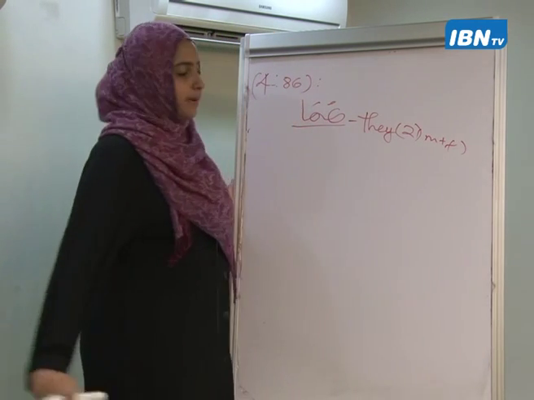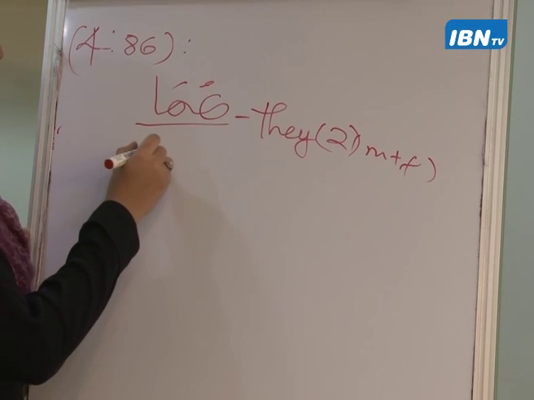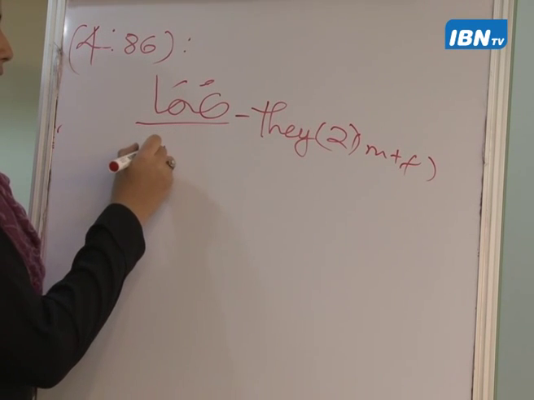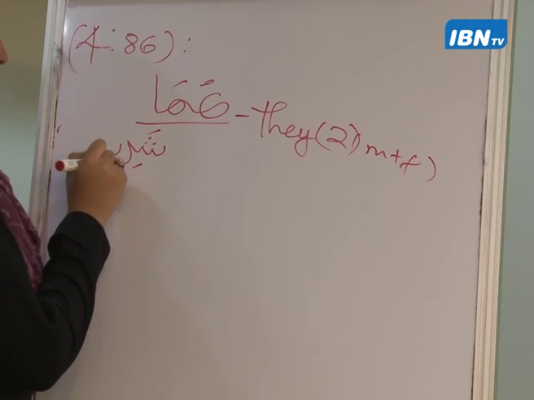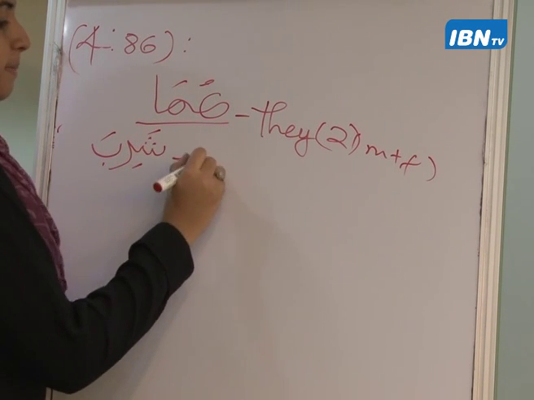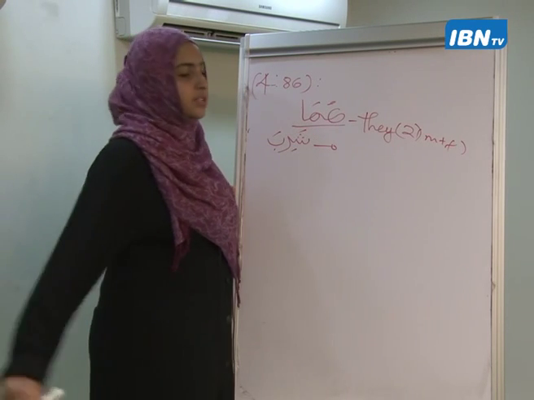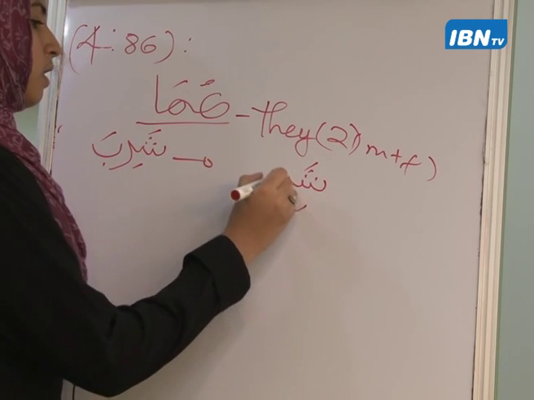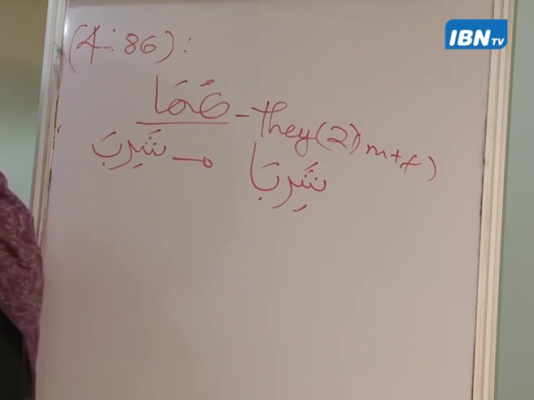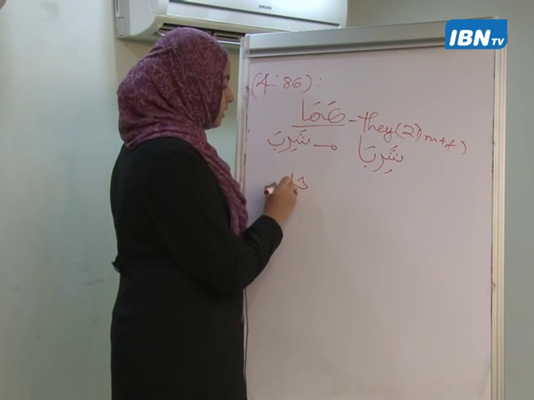Right, so for example, I have shariba. Shariba is my root verb. If I want to say they two drank, shariba becomes shariba with an alif, right? Shariba means they two drank. What if I have jalasa?